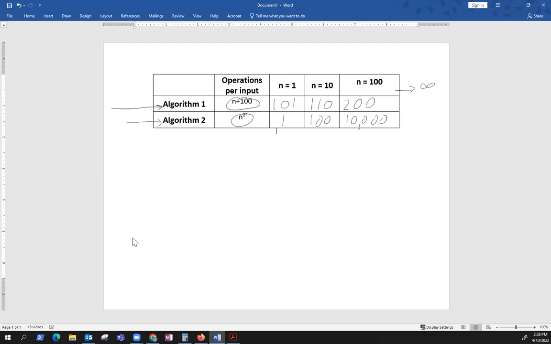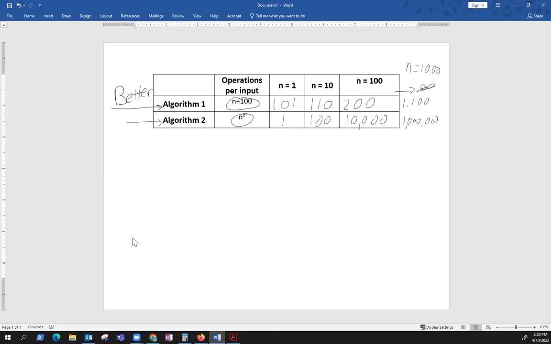I mean, if n is equal to 1,000, we'll go up another order of magnitude, then algorithm 1 will run in 1,100 operations, but algorithm 2 takes 1,000,000 operations to run. So, clearly algorithm 1 is going to be a much better algorithm in general.